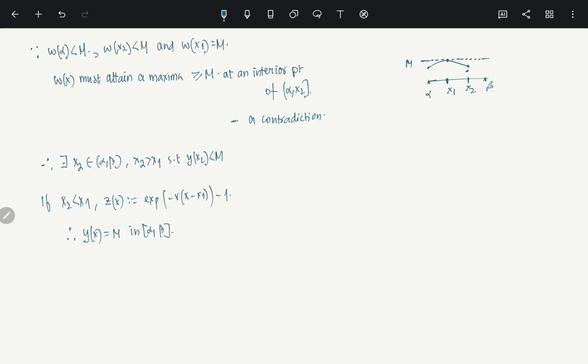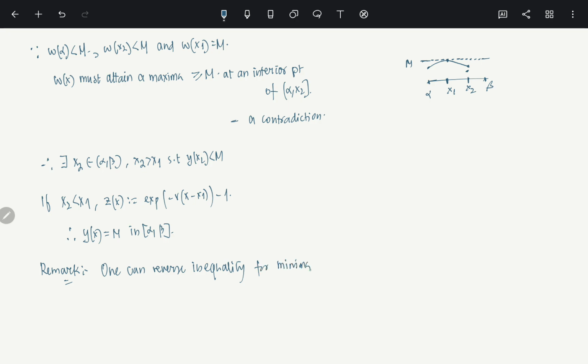Now this is for any function, right? It doesn't have to be a solution or anything, it's just a function. Now you see, you can have the reverse inequality. Let me put a small remark here. One can have the reverse inequality for minima.